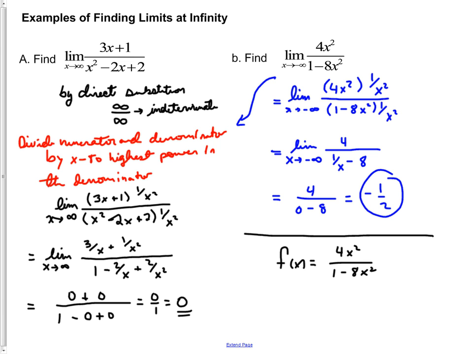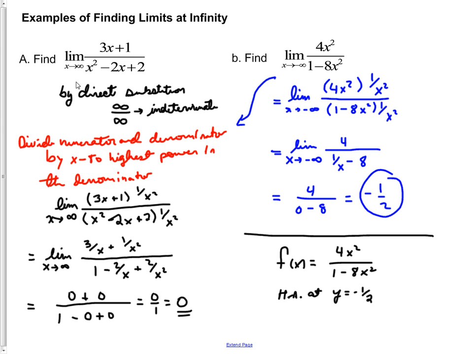We know vertical asymptotes occur wherever the denominator is 0, but this would have a horizontal asymptote at y equals negative 1/2, and that was due to the rule that told us that if the numerator and denominator had the same exponent, then we would simply take the leading coefficient divided by the leading coefficient to get that value. Well, this is confirmation of that fact.